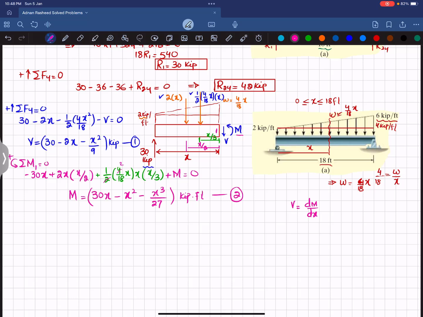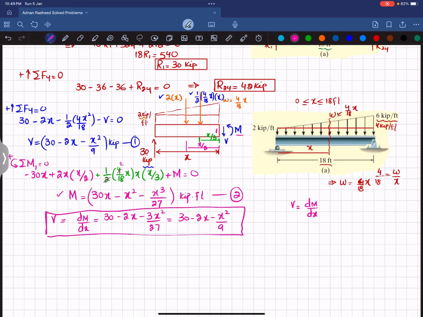So if you take the derivative of this equation, dM over dx, it will be equal to 30 minus 2x minus 3x square over 27, which will give you 30 minus 2x minus x square over 9, and that is equal to the shear force, which you can confirm from equation number 1. These are the same, so it means that your equation number 2 for the moment is correct.